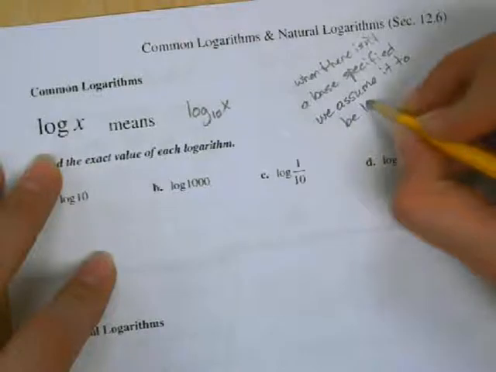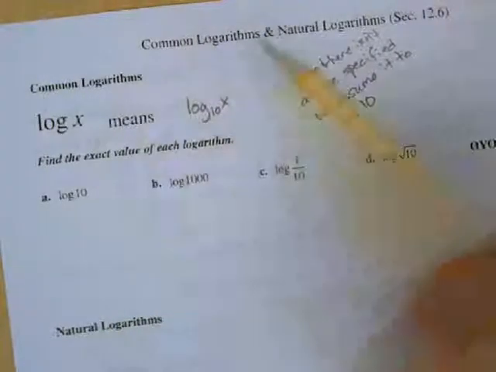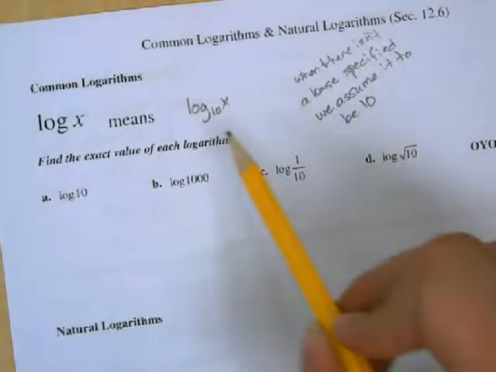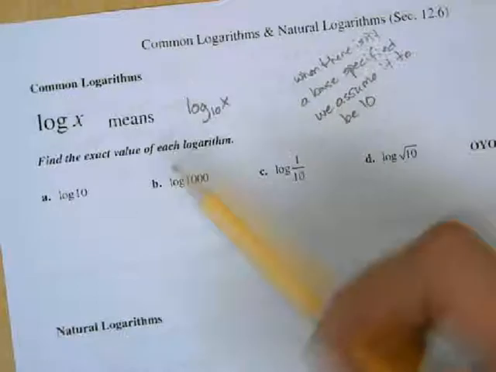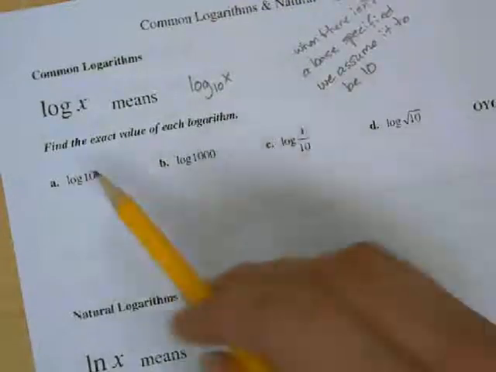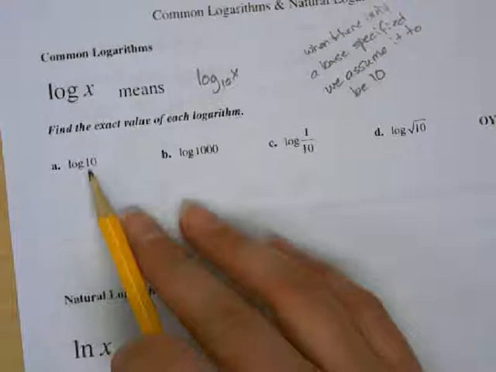I briefly mentioned this in the last lesson, but when you don't have a base written, then we assume it to be 10. So when I'm working these problems, log of 10 means that the base has got to be 10 because they didn't write a base down.